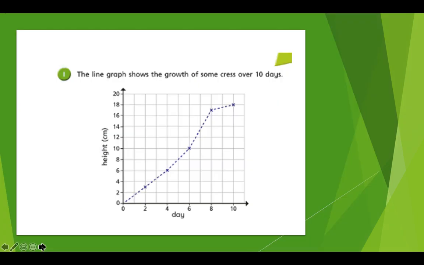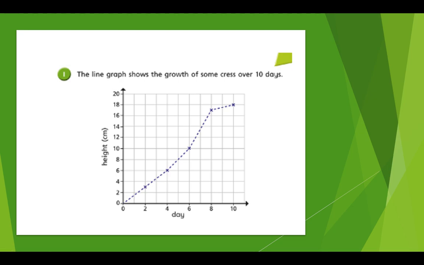I've got one of the graphs that you're going to have in your work today, and this line graph shows the growth of some cress, which is that fast growing salady stuff, over 10 days. And again, we've got a scale going up the side saying how tall the cress grew in centimetres and what day it was. So at day 1 when it was planted, it hadn't grown, so it was 0 centimetres. The day at which the cress was at its tallest was day 8.